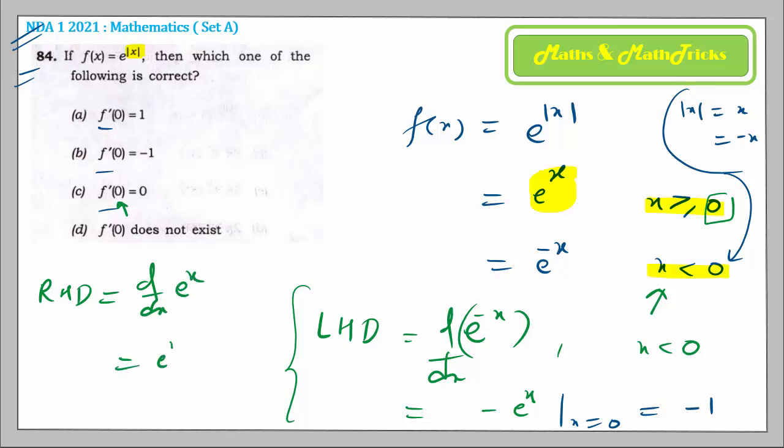So now the derivative is e power x, and at x equals 0, the answer is 1. So you can see that the LHD is minus 1 and the RHD is 1. LHD is not equal to RHD, therefore the derivative of the function at 0 doesn't exist. So you can say that f dash 0 does not exist.